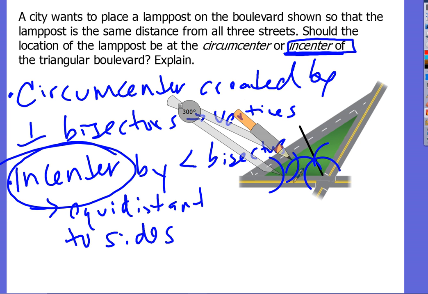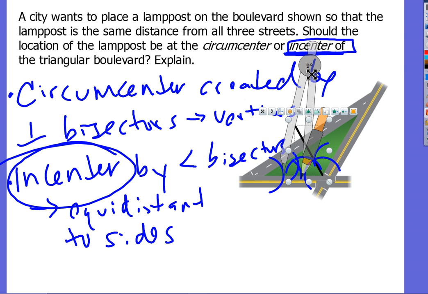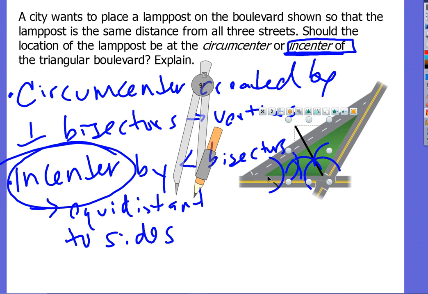If I create that arc, I can create another angle bisector. As you can see, we created another angle bisector by connecting this vertex and this intersection right here.